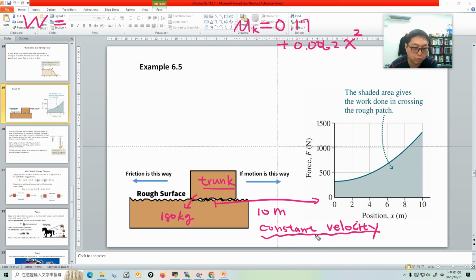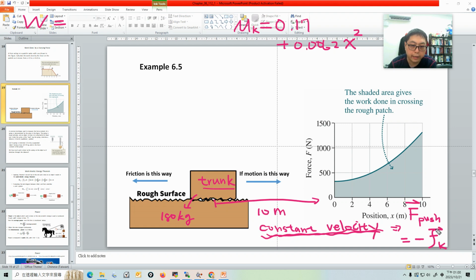This is also a key point. If they want to push the trunk with constant velocity, that means your push force must be equal to, in the reverse direction of, the kinetic friction.